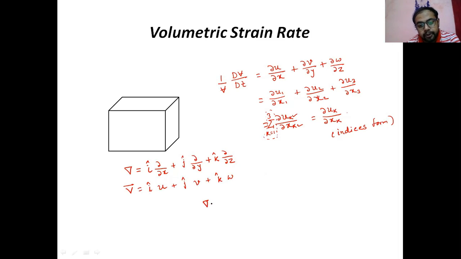If you do the dot product of del and V, you get back del u/del x plus del v/del y plus del w/del z.